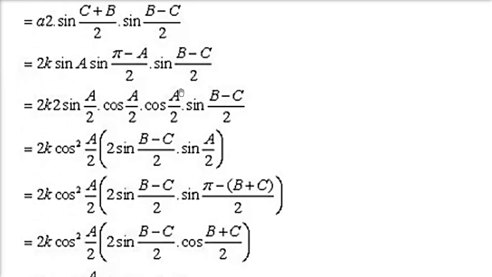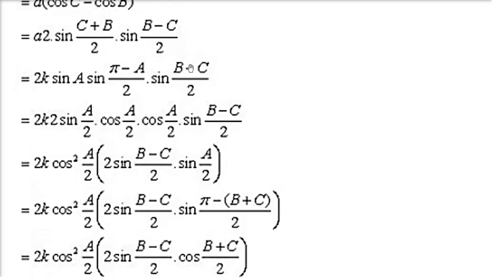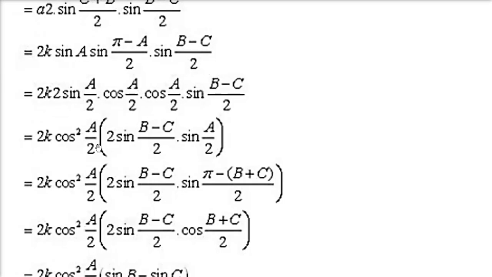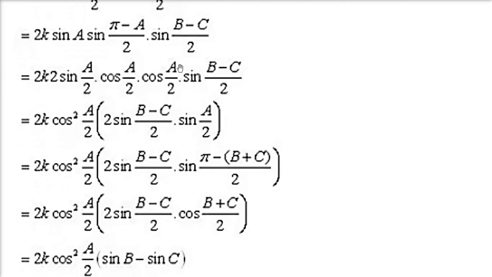Then you have sin a by 2. And if you see here, this is sin b minus c by 2. Now what we can do here is this sin b minus c by 2 and then sin a by 2. If you see, this sin a, we can write it as 2 sin a by 2 cos a by 2. This sin theta is 2 sin theta cos theta.